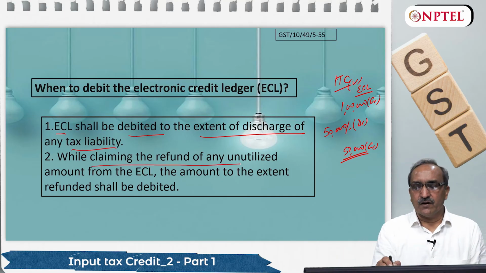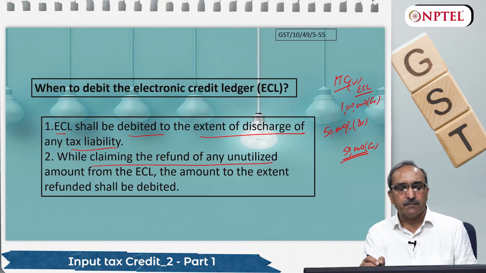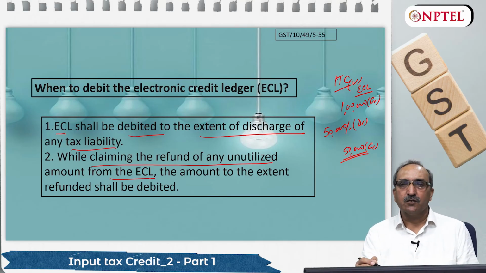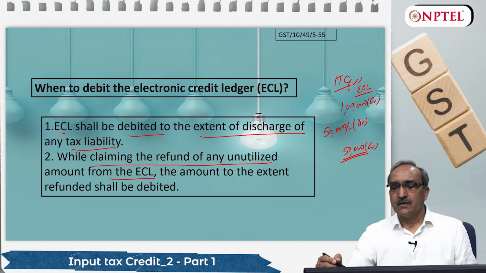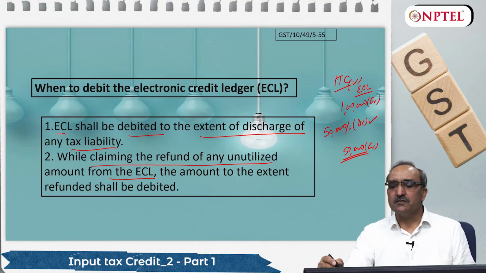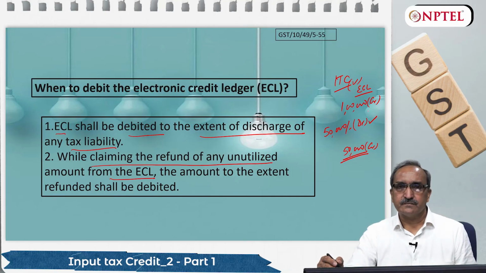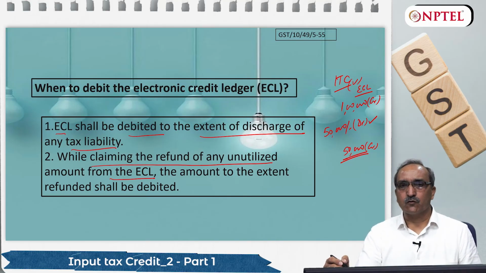While claiming the refund of any unutilized amount of the electronic credit ledger: friends, it happens many times that you use this balance when you have tax liability, and afterwards something goes wrong and you decide to close your business.